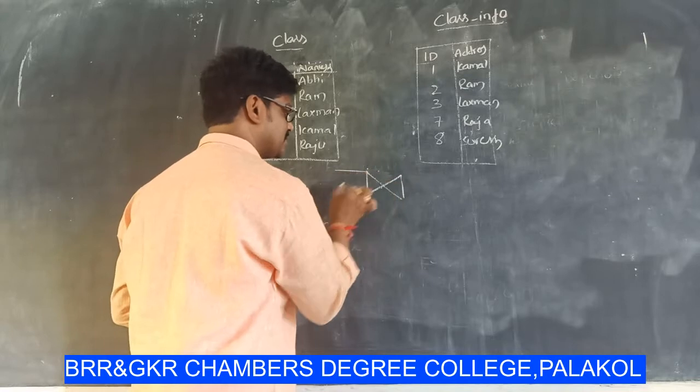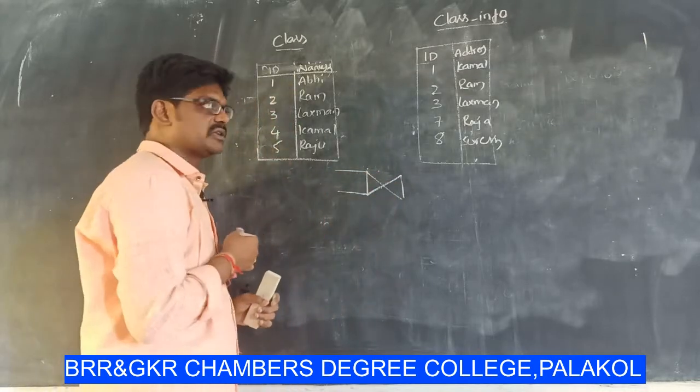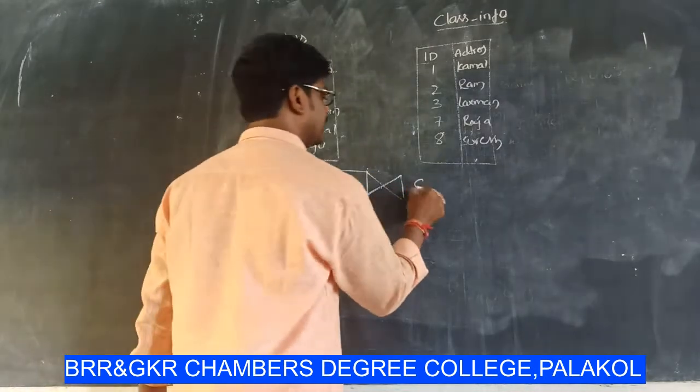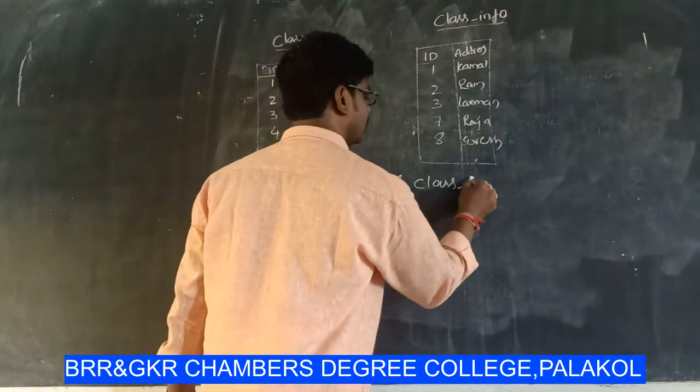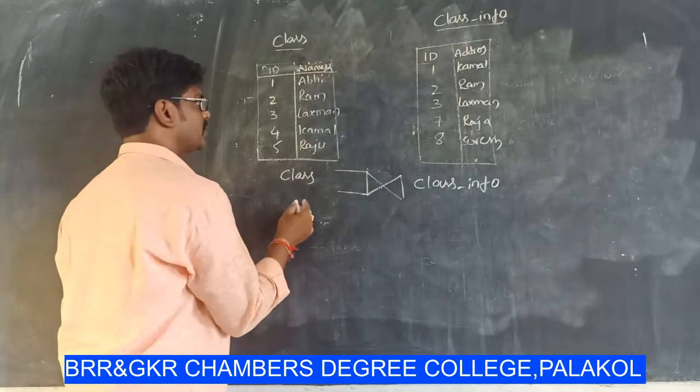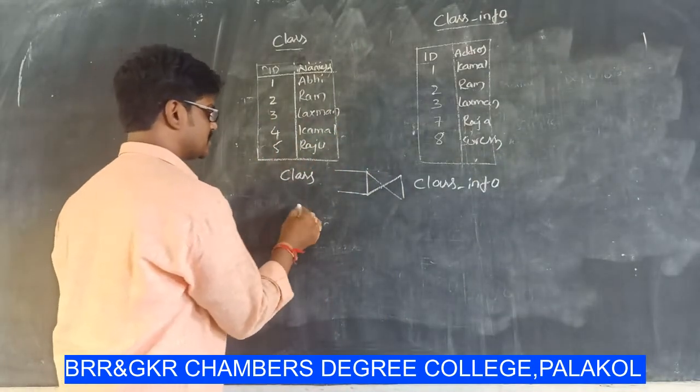This is the symbol for left outer join: class left outer join class info. So what is the output of these two relations?